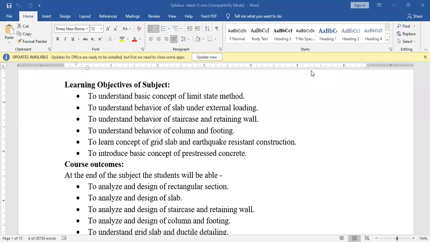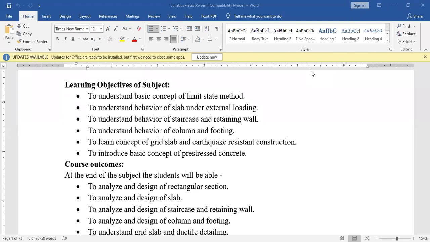If we talk especially about concrete structures, yes, we do have IS 456. Some of you might have gone through the code if you learned it in your polytechnic. So IS 456 would be for basically concrete structures.